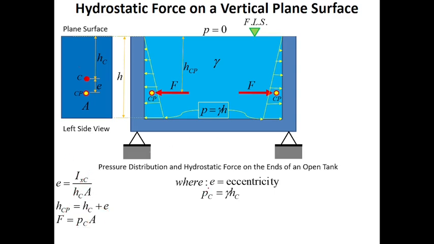Wherein the pressure at the centroid can be obtained by multiplying the specific weight of the liquid and the height from the free liquid surface down to the centroid. Or tawagin natin pressure head from the free liquid surface to the centroid.